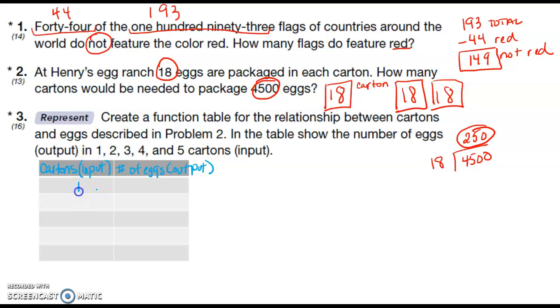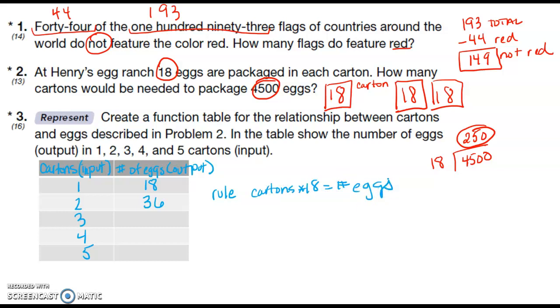Okay, so we have one carton is 18. I actually said this out loud a couple seconds ago. 2 cartons is 36. 3, 4, and 5. And I'm going to have to do the math here because basically the rule is that cartons times 18 gives me number of eggs.